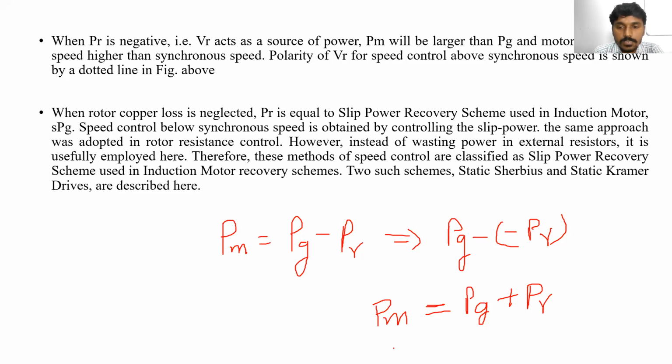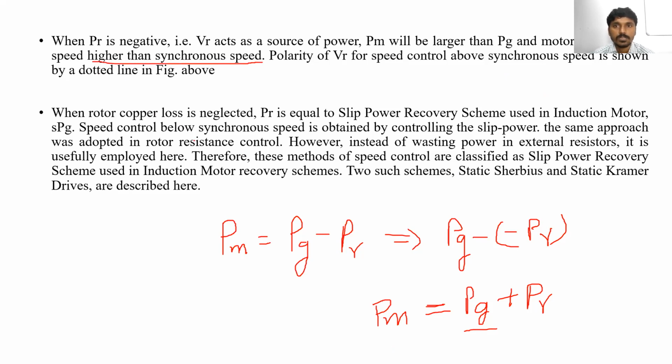It means the mechanical power developed by the rotor circuit is greater than the air gap power. Clear? So if the PM is more than the PG, the motor will rotate with a speed above the synchronous speed, higher than the synchronous speed.